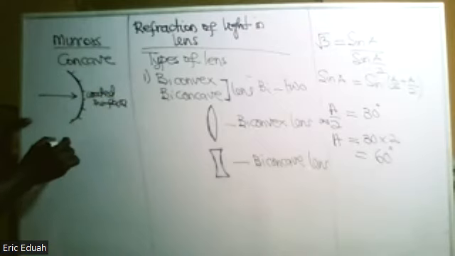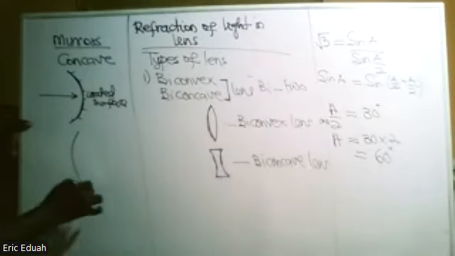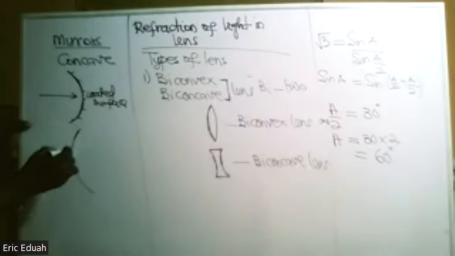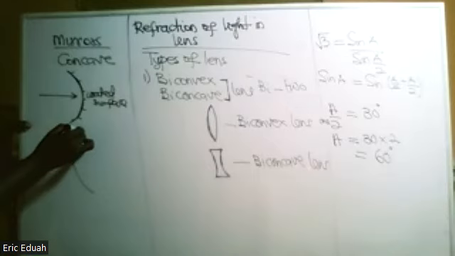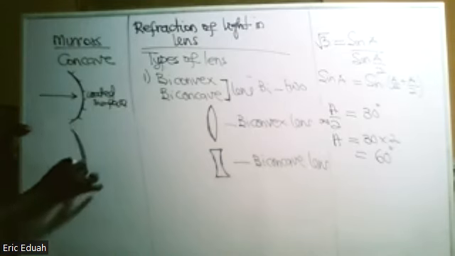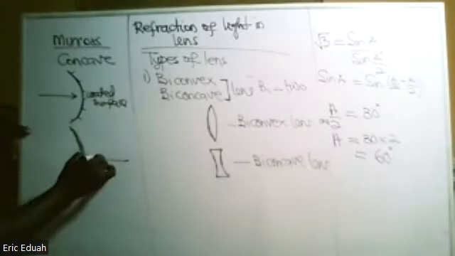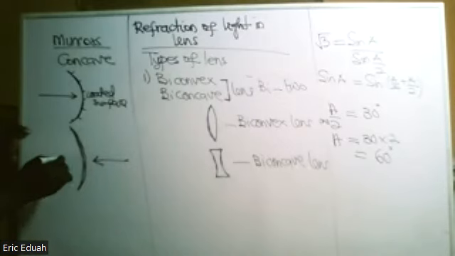Then when you come to a convex mirror, the same shape, but this time, okay, I can even draw the same thing. The same shape you see here. But this time, this is the reflecting surface.